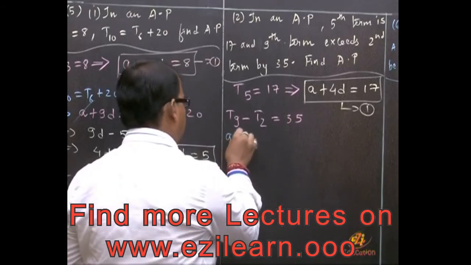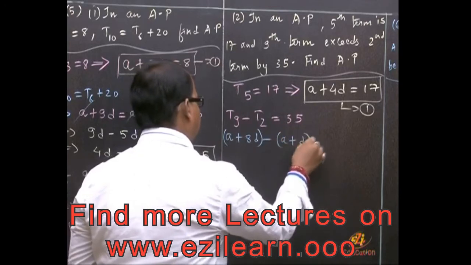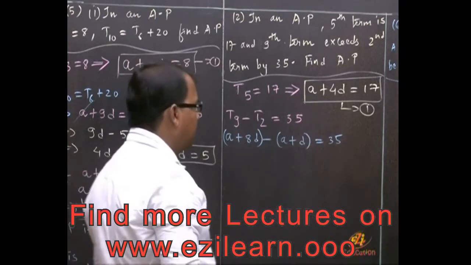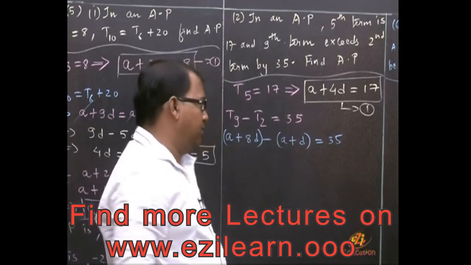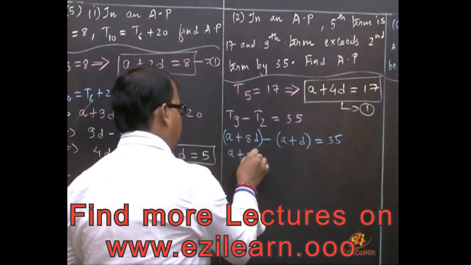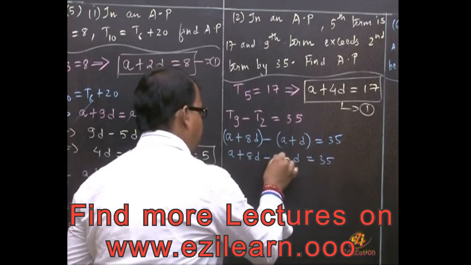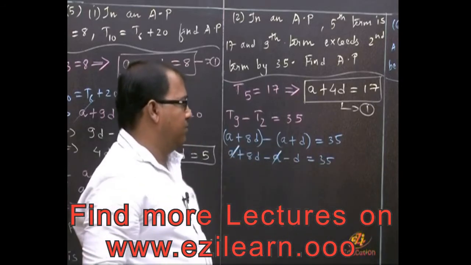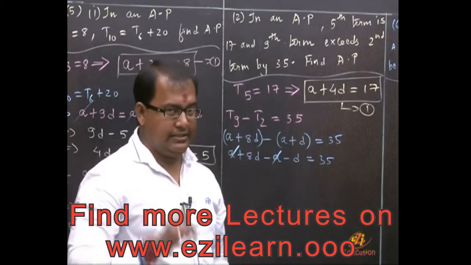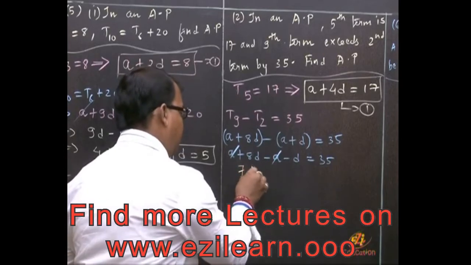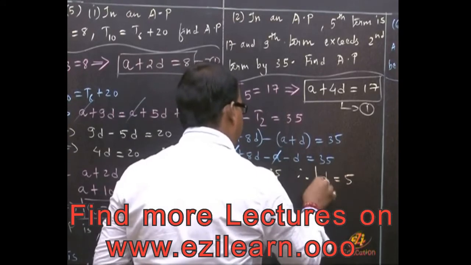T9 is A plus 8D, T2 is A plus D. A plus 8D minus A minus D is 35. So A and A getting cancelled. What do you get? 8D minus 1D is 7D, 35. So D is 5.